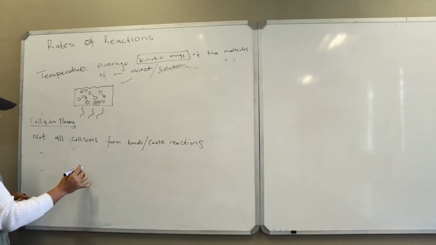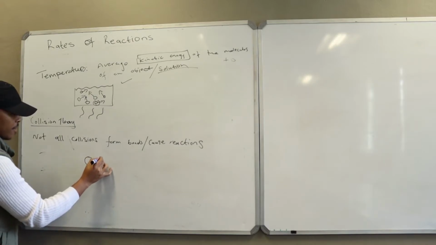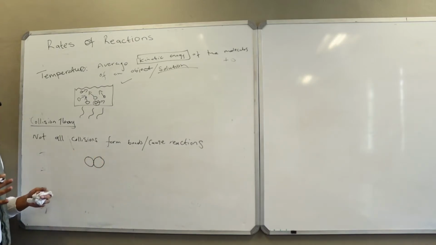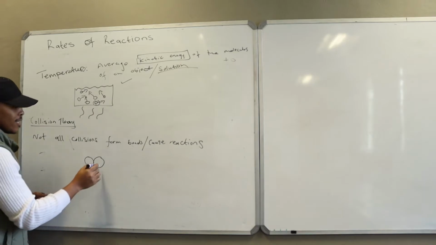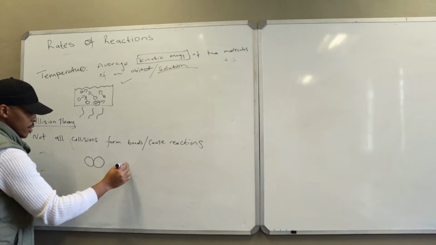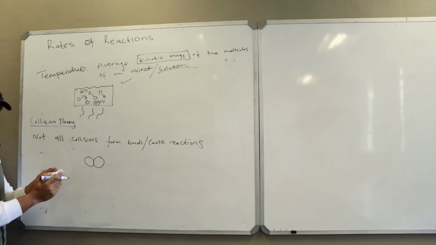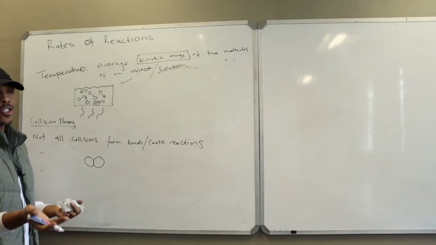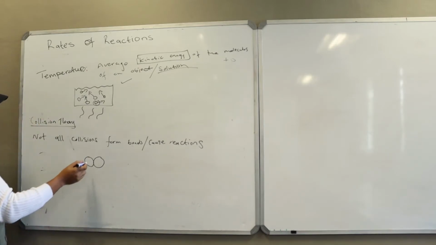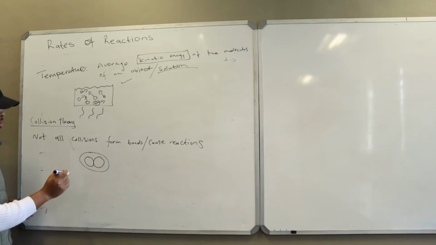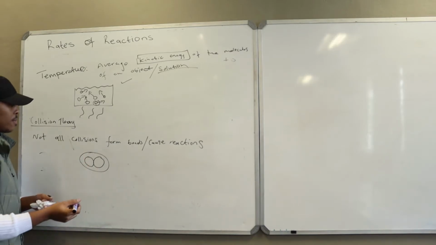What does this mean? If two atoms have collided, it doesn't mean that they will form a bond. They could collide, but not collide at the right energy. So this will not be an effective collision. It would be an ineffective collision.